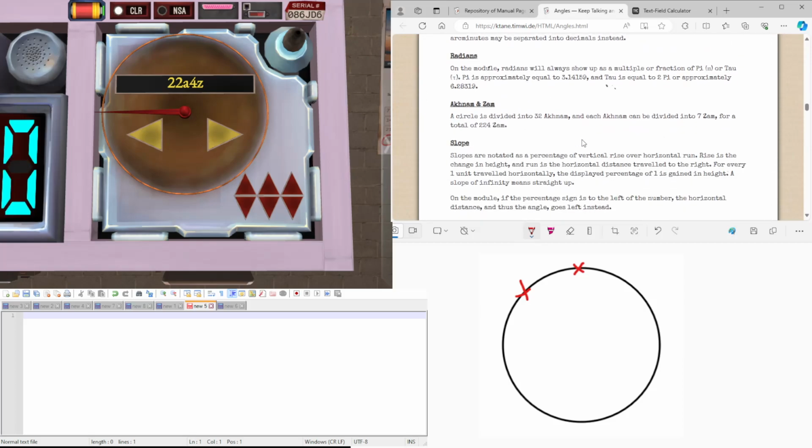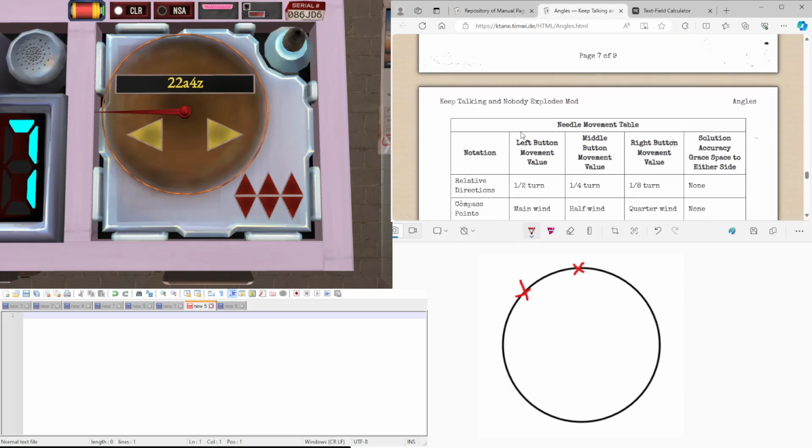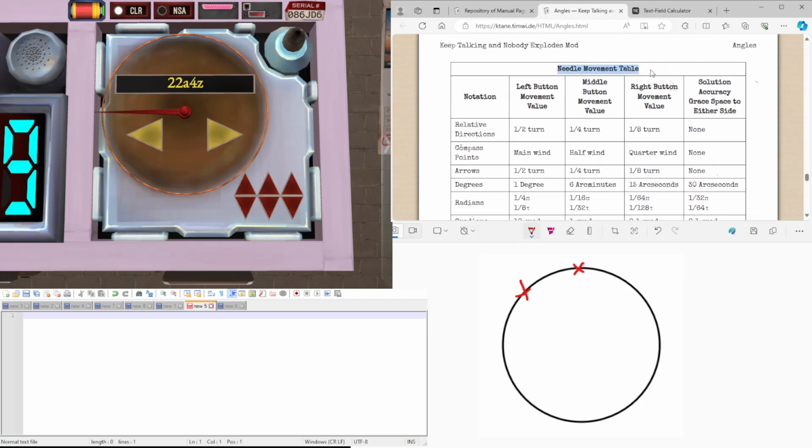But as you can see here, let's go down to the bottom here and we'll see needle movement table, which gives us the accuracy we need when we submit our answer, but also how the buttons function when the screen is visible.